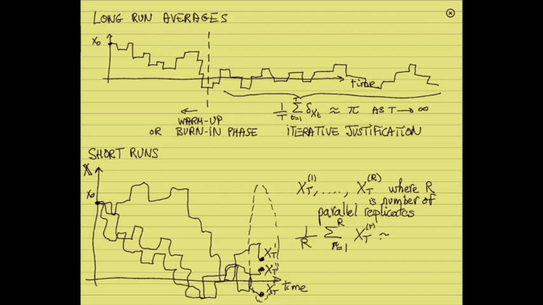That also would approximate pi, because this would, by the law of large numbers, approximate the marginal distribution of the chain at time capital T, denoted by pi t. So the first approximation here is the law of large numbers for independent copies. And the second one is that the law of xt at time t is close to the limiting distribution, which is pi, if the Markov chain converges.